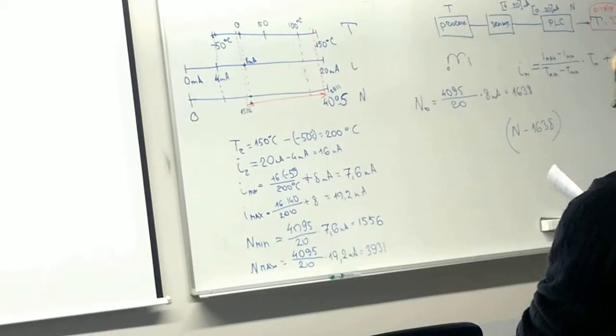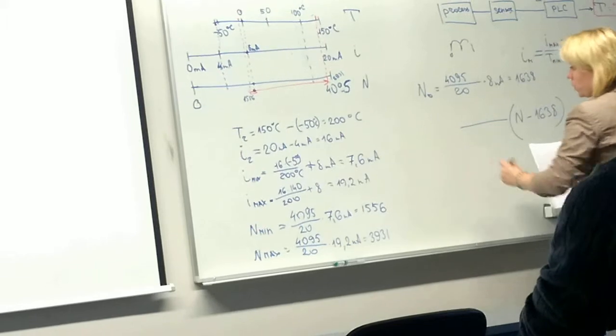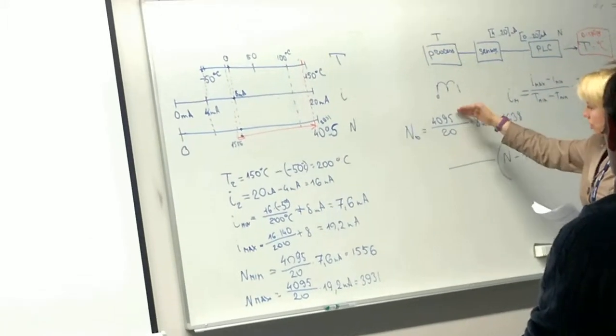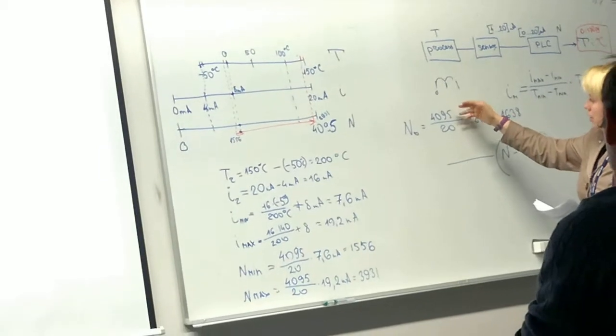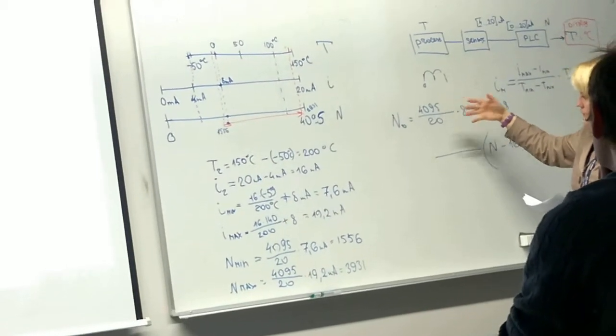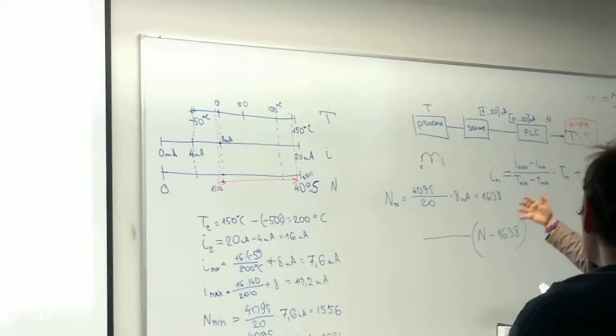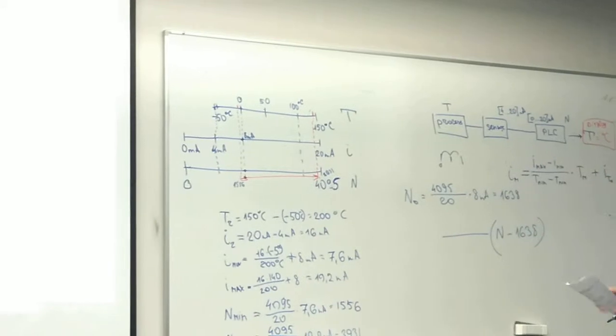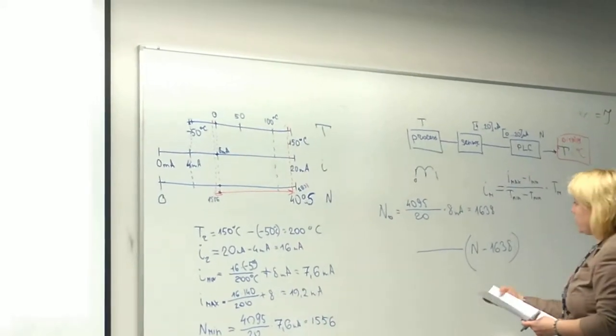Here again, for our measured value, we should provide how many degrees Celsius we will have for one integer.